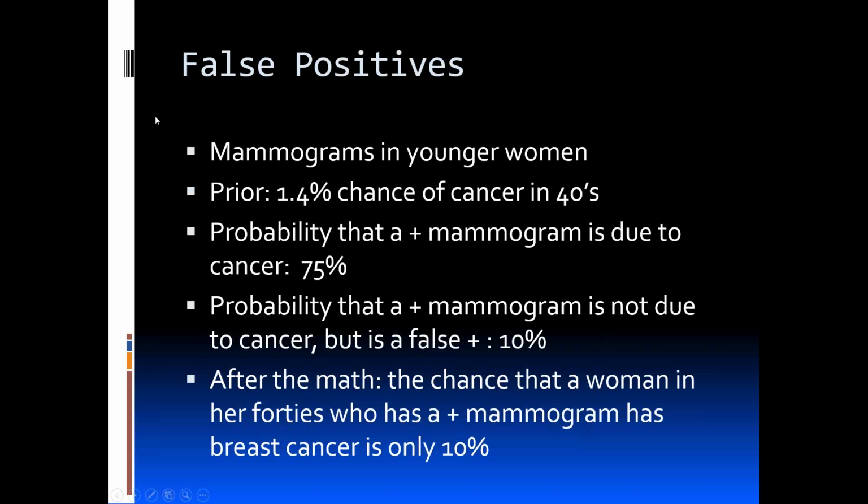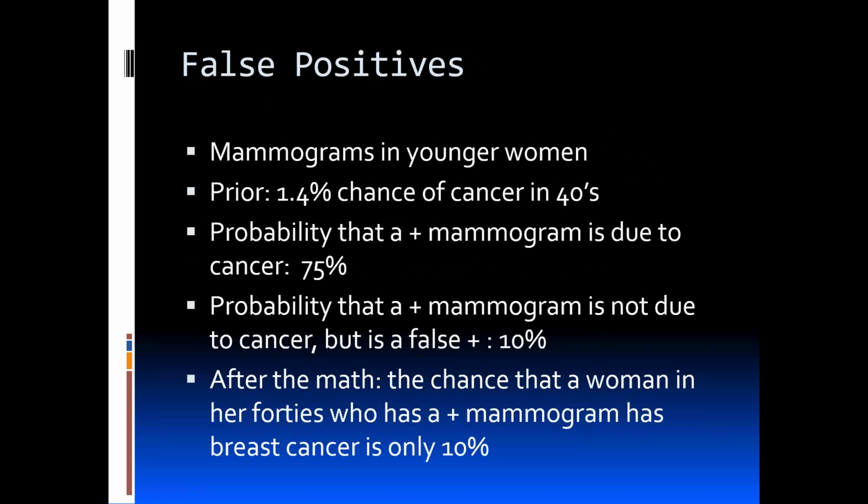Another example given in the book, when we talk about false positives. In medicine, when we get lab tests, we do studies, it's never perfect, which means that we can have a person have a lab test done, let's say for strep throat, and it comes back positive. Well, a test is only as good as how specific and sensitive it is.